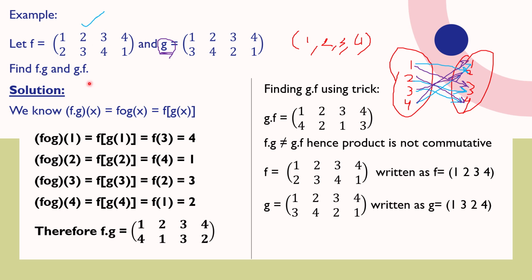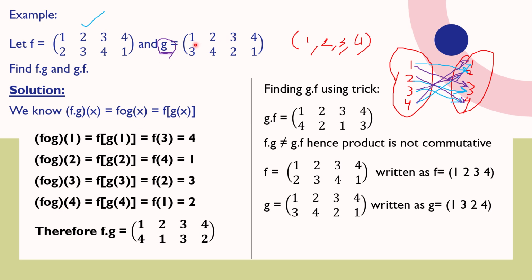How do we do that? We will use the formula that we just talked about in the previous slide: F of G of X is equal to F G of X. So in place of X, you will write the first element, which is 1. So you will say F of G of 1. Now what is G of 1?